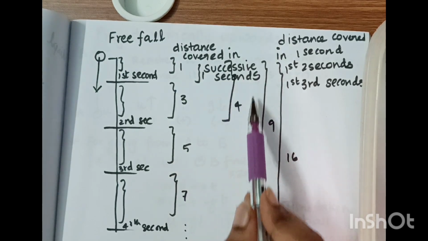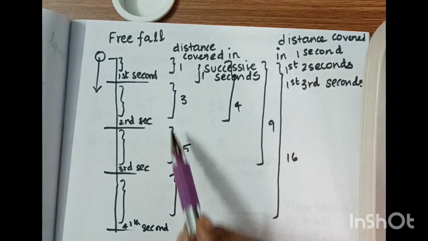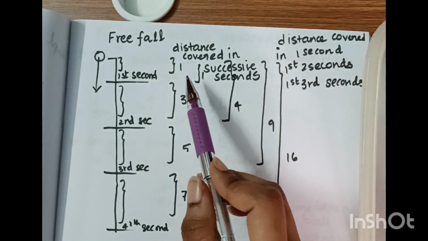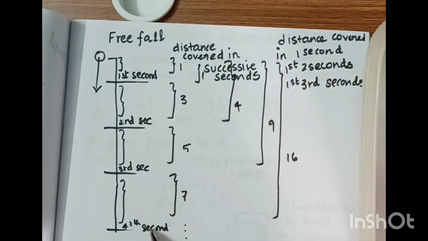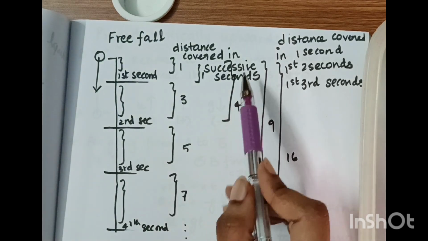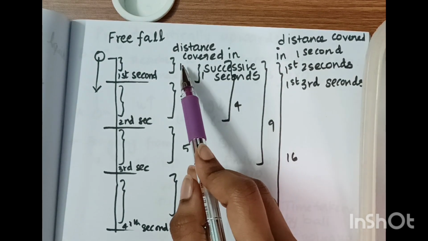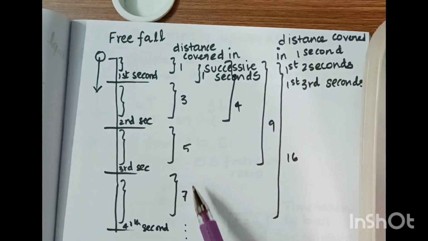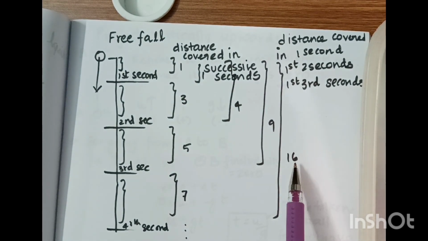So totally in 3 seconds, 1 plus 3 plus 5, it is covering 9x. Similarly, in the fourth second it is covering 7x distance. So in the first 4 seconds it is covering 1 plus 3 plus 5 plus 7, 16x.